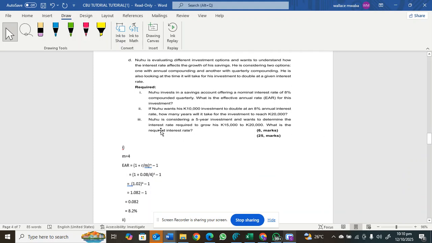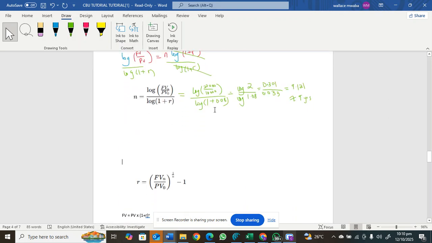Then part 3, Nuhu is considering a 5-year investment and wants to determine the interest rate required to grow his 15,000 to 20,000. What is the required interest rate? So again, we're starting with this formula.